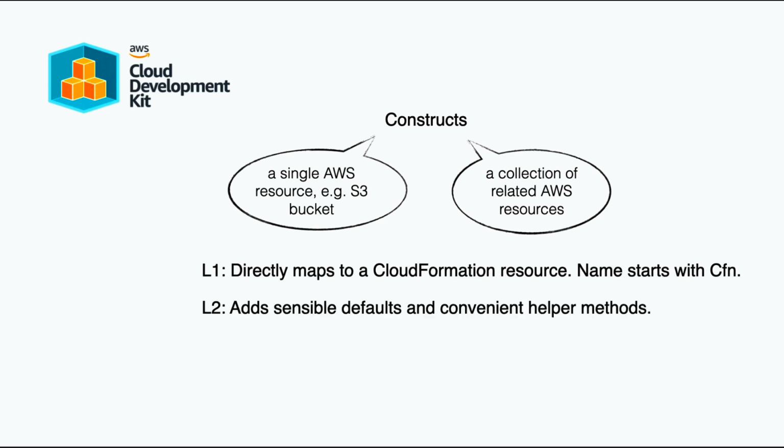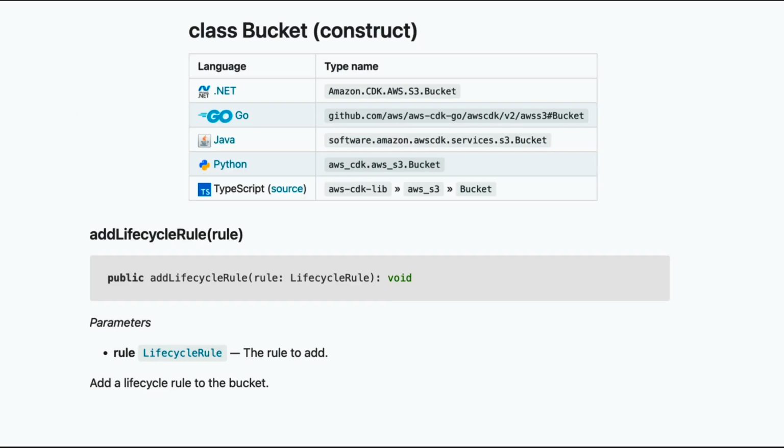Level 2 or L2 constructs also represent AWS resources, but have a higher level intent-based API that gives you sensible defaults and has helper methods that make working with the resource easier. The bucket construct, for example, has an add lifecycle rule method to make it easier for you to add a lifecycle rule to an S3 bucket.